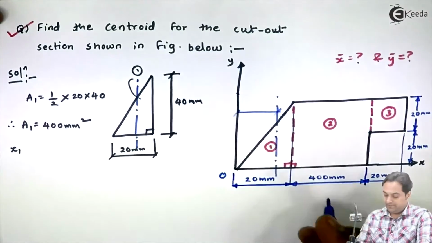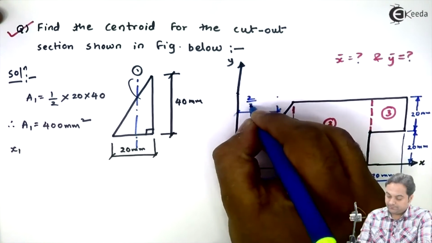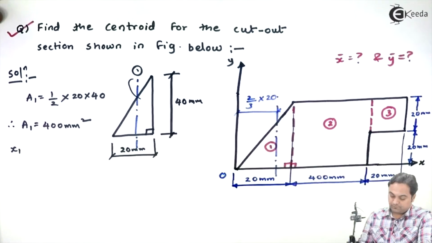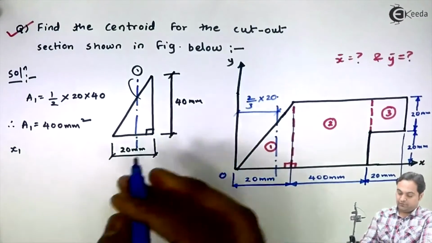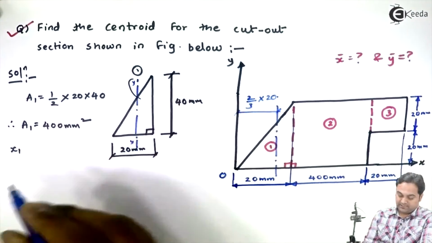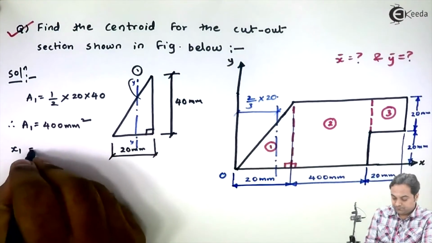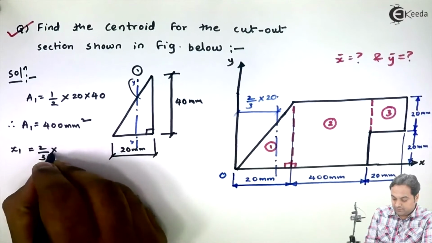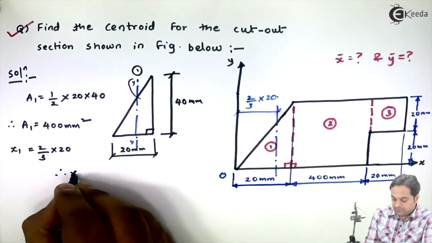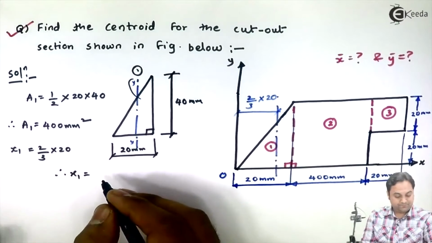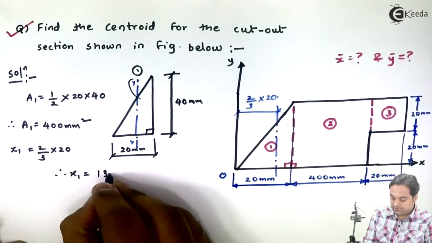This distance will be 2/3 of 20. So x1 becomes 2 by 3 of 20, and my answer is 13.33 mm.